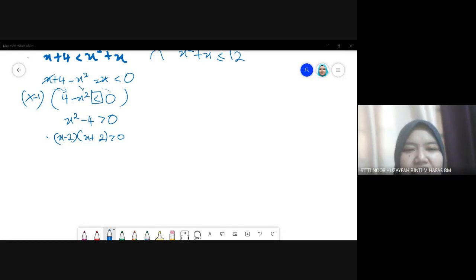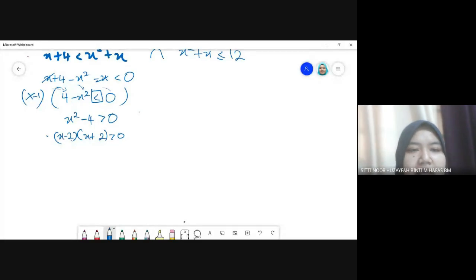Okay, so sekarang ni lepas kita buat pemudah semua, kita dapat 4 tolak X kuasa 2 kurang daripada kosong. Betul tak? Okay. So saya tak mau X kuasa 2 ni negatif sebab saya nak factorize nanti akan ada salah satu X yang negatif. So saya nak hilangkan negatif, saya darab dengan negatif 1.